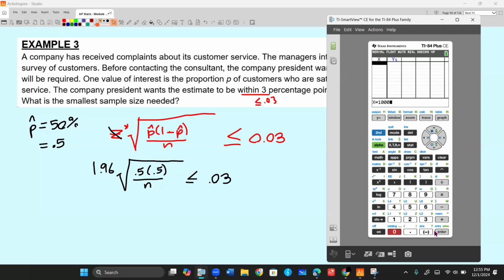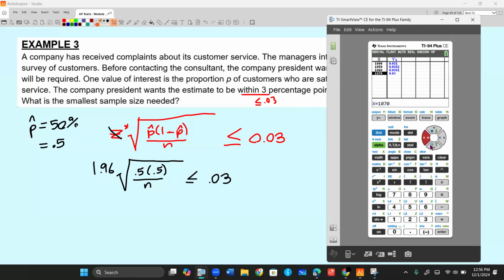So let's do 1,000. Let's do 1,050. I think 1,100 was too large. So let's do 1,060. And we're getting there, 1,070. And that's really close, but you can see 1,070 is just under.